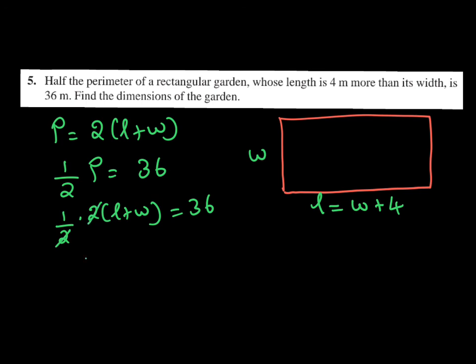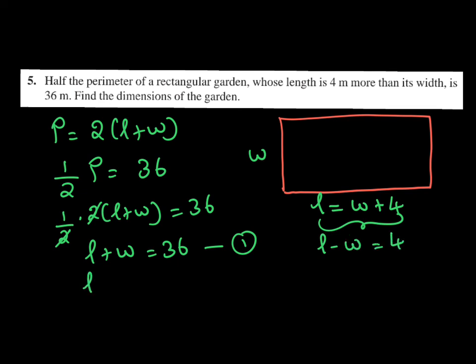We cancel off the 2, so length plus width is 36. This is one equation. Can I write this as L minus W equal to 4? Just rearranging the terms, I have the second equation as L minus W equal to 4. Now they form a pair of linear equations which can be graphed to find the dimensions.